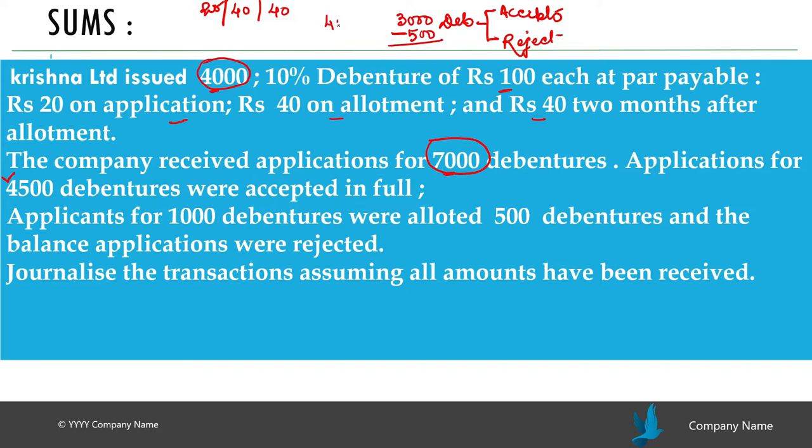Although the company had to keep the money of only 4,000 debentures because it had to issue 4,000 only, the company is accepting the money of 4,500 debentures. So the company is keeping the money of 500 extra debentures, from these 3,000 extra debentures received. The company will reject the money of only 2,500 debentures, and the rest 500 debentures will be utilized by the company for allotment money.